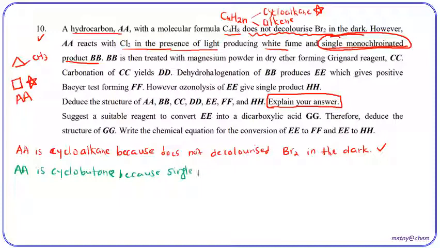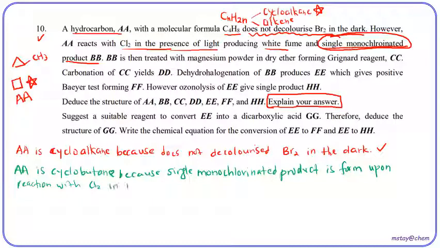Now we confirm because a single monochlorinated product is formed upon reaction with chlorine in the presence of light.